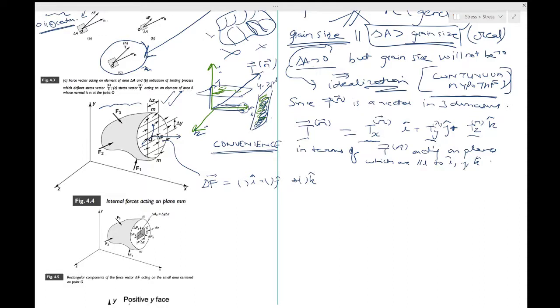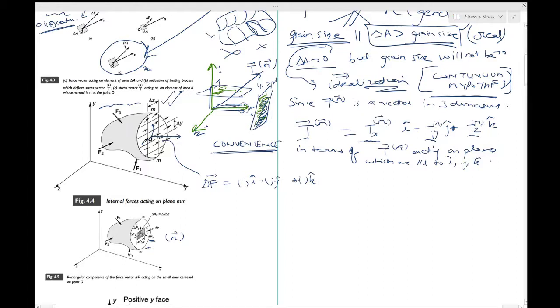So right now we will take the small area delta x by delta y in this figure, and divide this force vector into three components. One will be delta Fx, which is normal to the surface, and it also aligns with the direction of n, because n is also coming outward of this small area, and the other two are parallel to the surface.